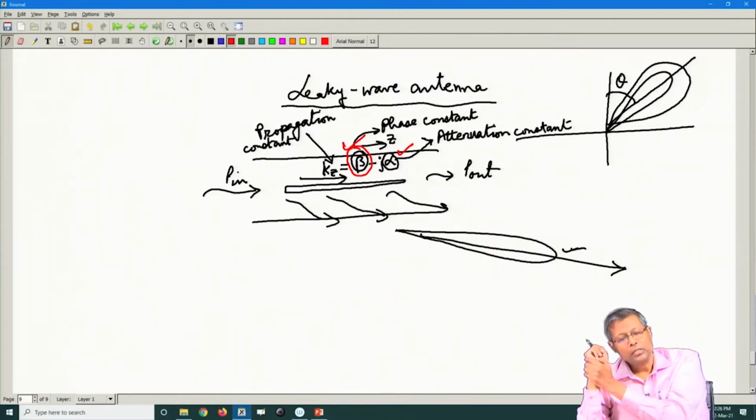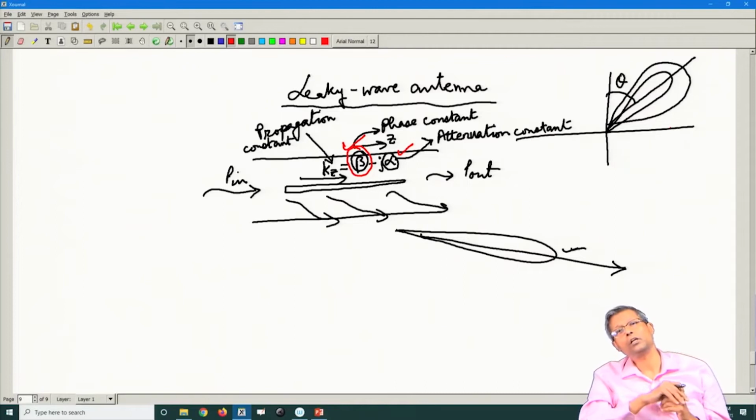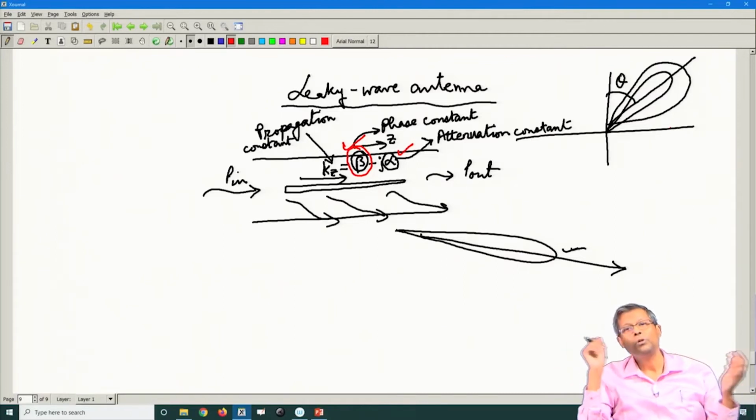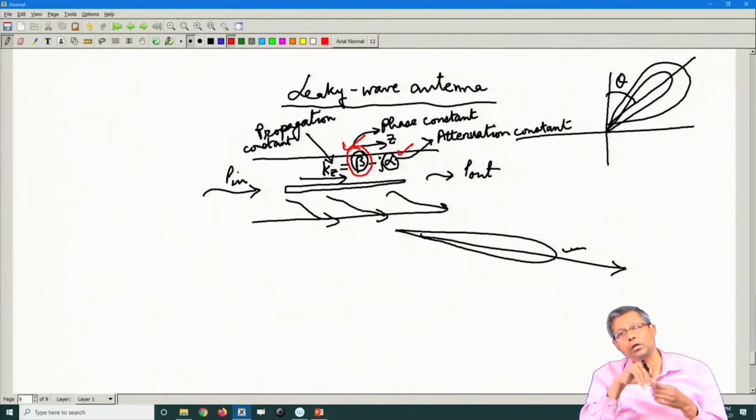So, this is an example of a scenario where I would like to find out a circuit model corresponding to my very accurate analysis of the circuit using Maxwell's equations. The same thing will happen in many kinds of antennas, a miniaturized antenna for example.